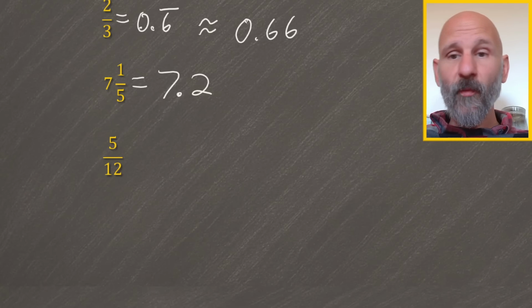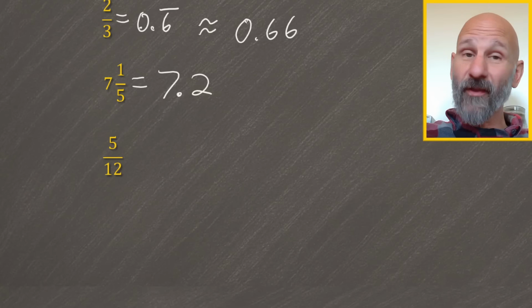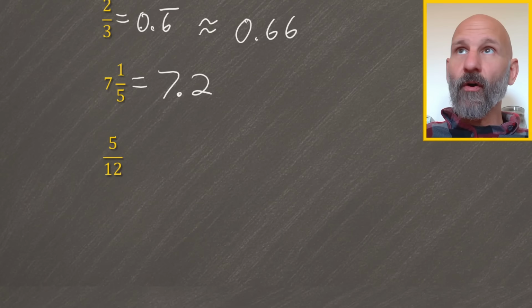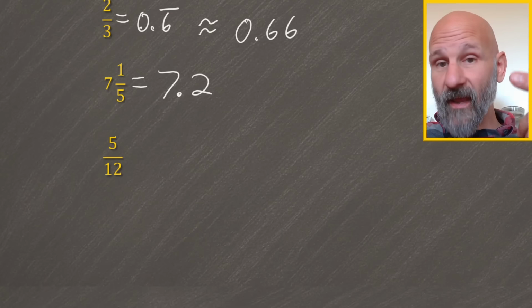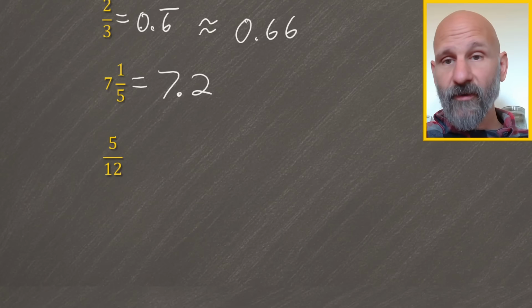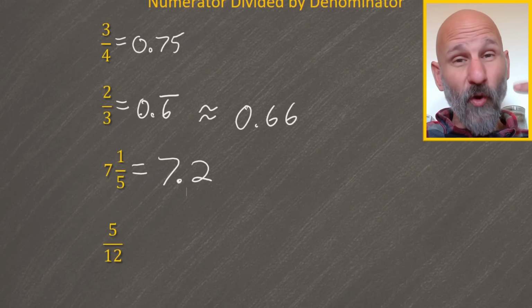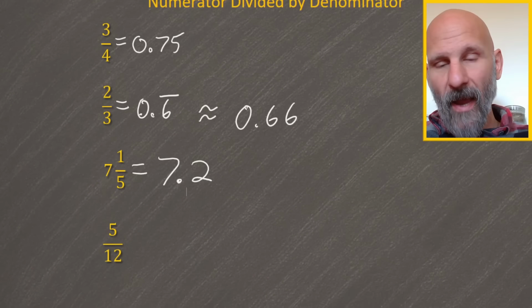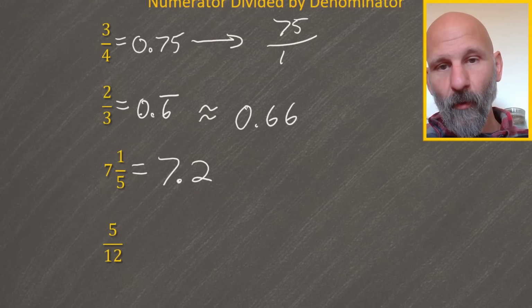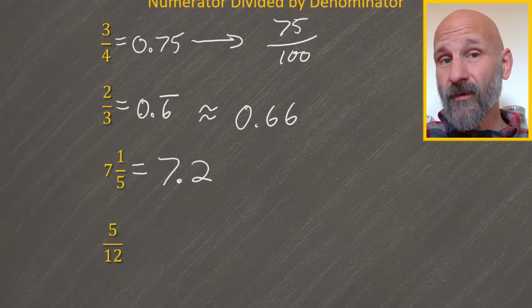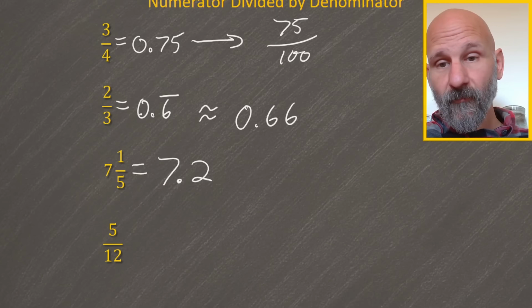Now remember, all of your fractions, like the terminating ones, they all are over 10 or over 100 or over 1,000. So like this 3/4 here, this 0.75, if we're going backwards, okay? If I wanted to go backwards, I could say, well, 0.75, that's 75 over 100, and then I reduce, okay?